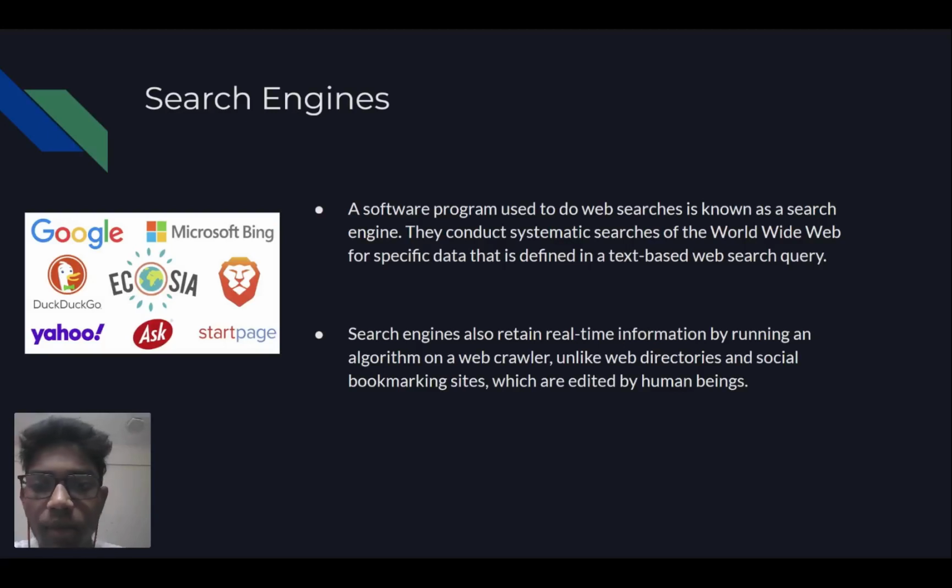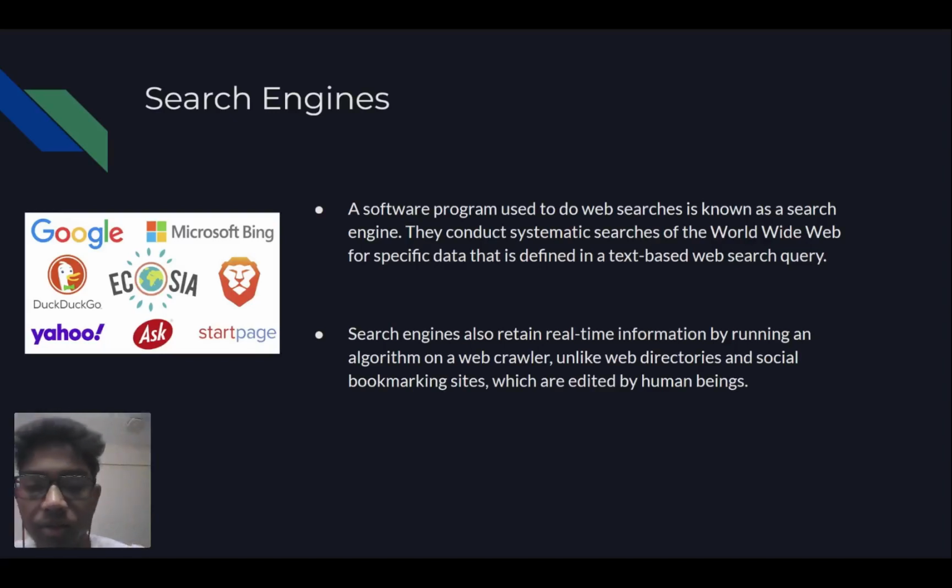So let's see what search engines are. A search engine is a software program used to do web searches. They conduct systematic searches of the World Wide Web for specific data that is defined in a text-based search query.